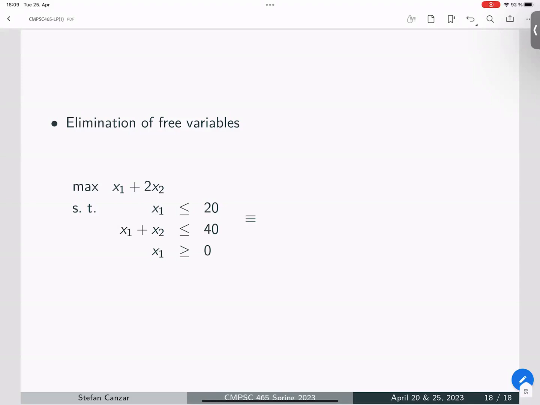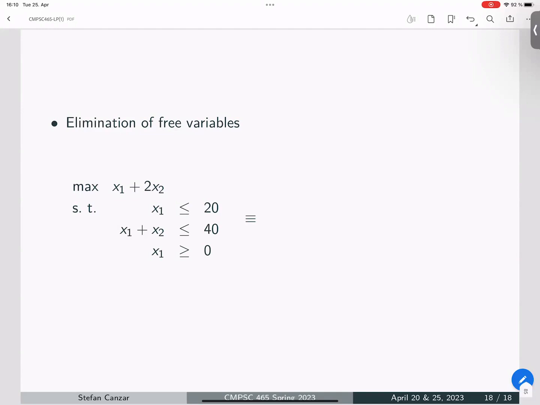So what do we do if we have such a case? If x2 is free to take everything, how can we make sure that we can get this into non-negative variables? That's not as easy to see. In this case, you will need to introduce new variables. We did this before too, actually: we introduced surplus variables or slack variables.